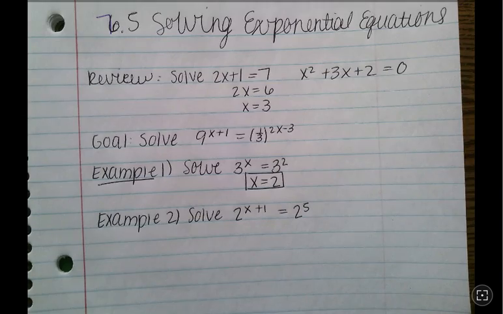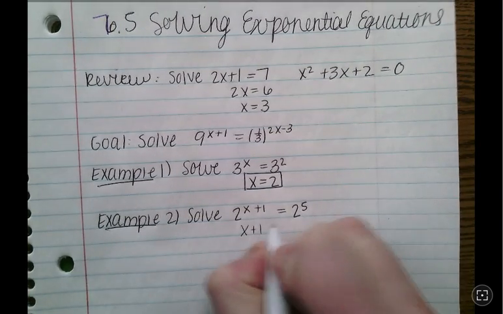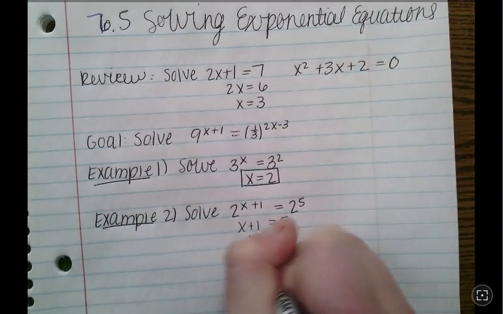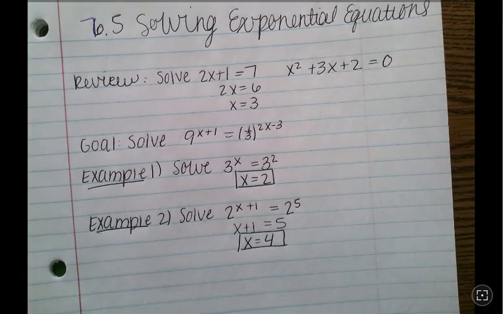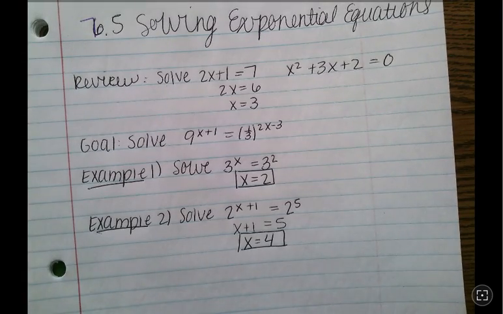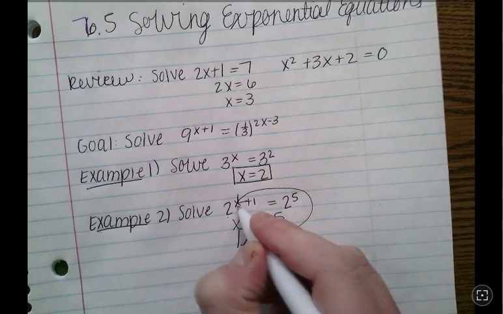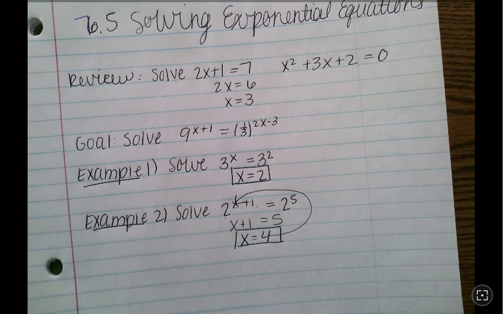So that power must be 5, and then we can solve. You subtract 1 and x is equal to 4. Okay? And if you went back and plugged it in, it should make sense, right? If you plug in 4, 2 to the 4 + 1 is equal to 2 to the 5th. So that's good. Solving's always awesome because you can always plug in and check your work.